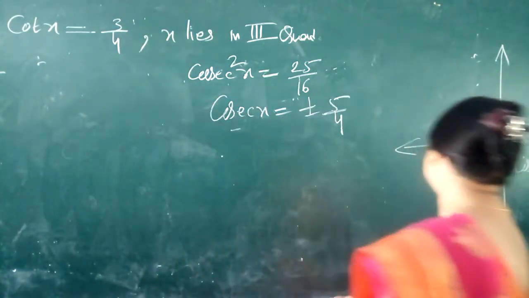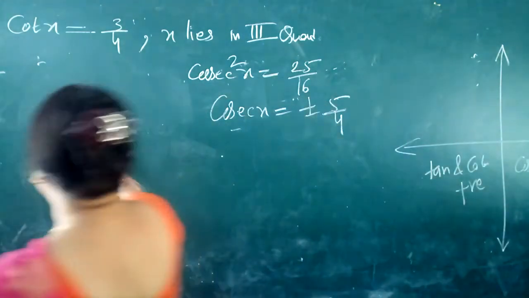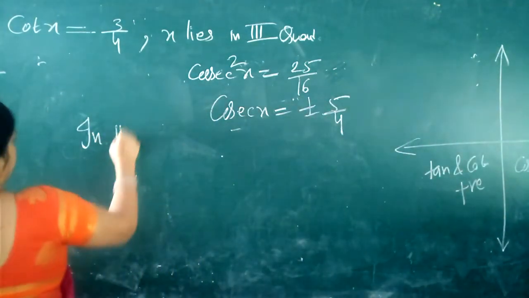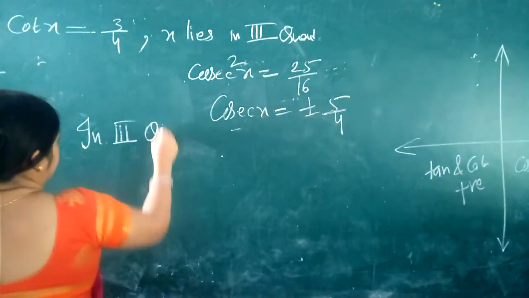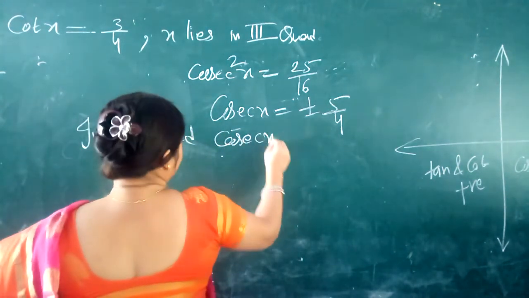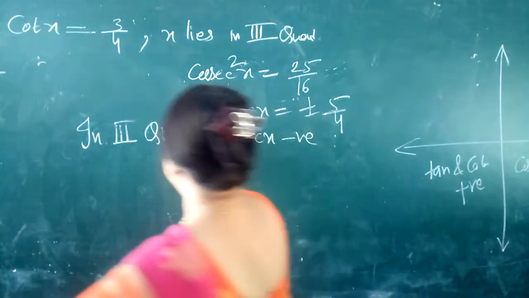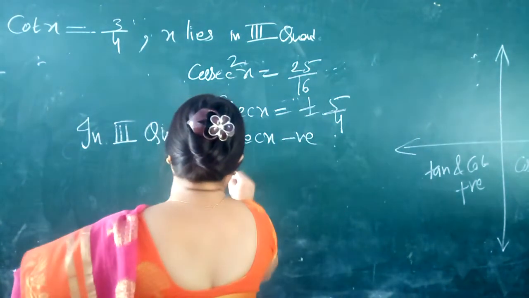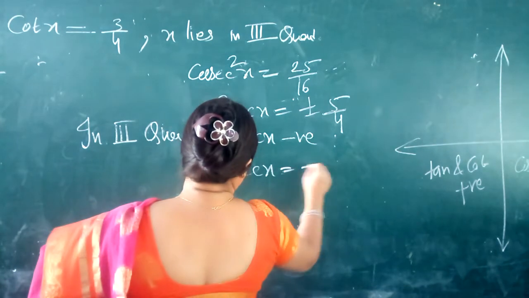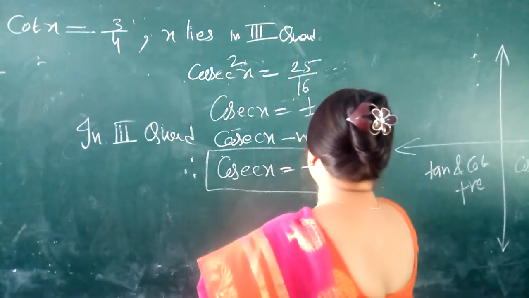In the third quadrant cosec x is negative. Therefore the value of cosec x is equal to minus 5 by 4.